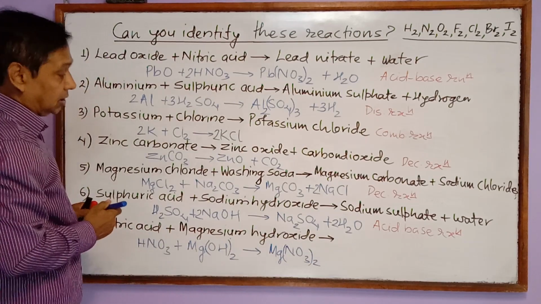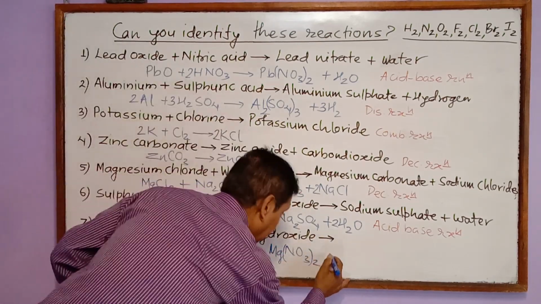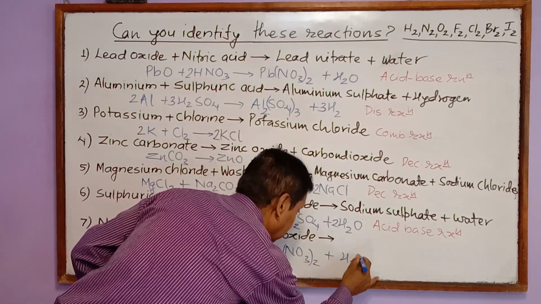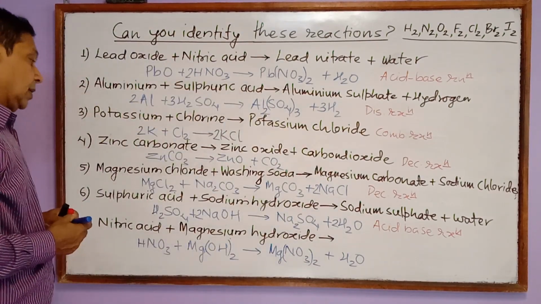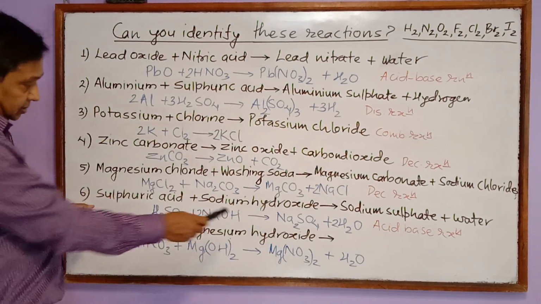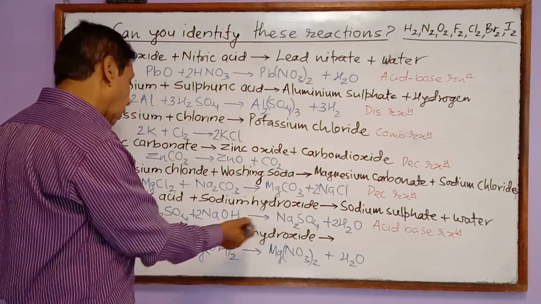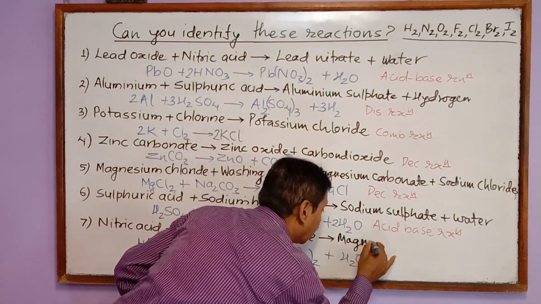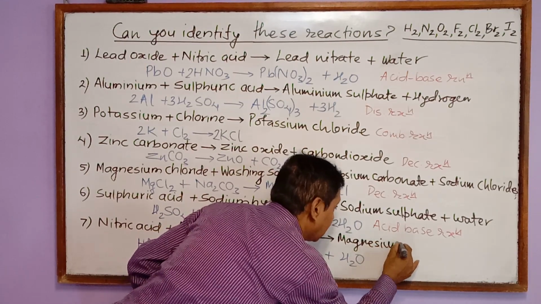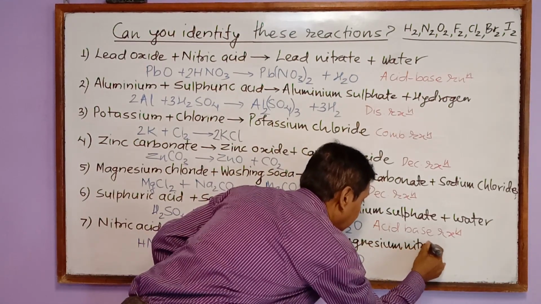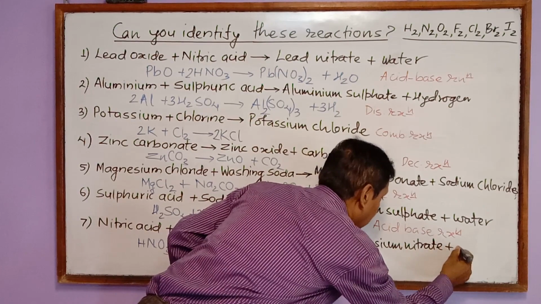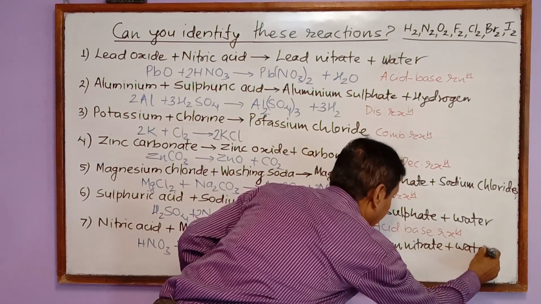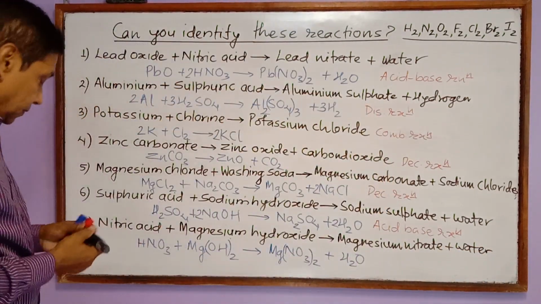And another product, since it is an acid-base reaction, is water. Now let's write these products in words: magnesium nitrate, and another product is water.